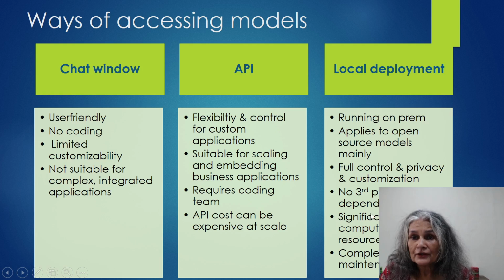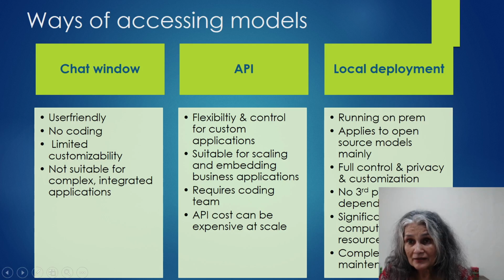The third option is what is known as local deployment. This is basically the case where we run a particular model on our on-prem servers. That is to say, the company has its own server on which it runs it. This applies primarily to open source models. Mainly, this option offers full control, privacy and customization.